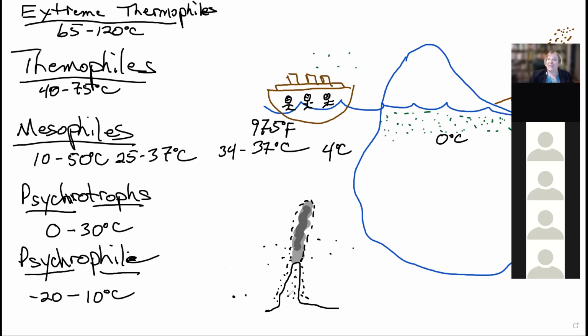They have adapted through random mutations, and the ones where the mutations benefit them are able to grow in an area where others are not there competing. That's how we get microbes growing in every single environment we've looked at so far. All right, any questions about these ranges?